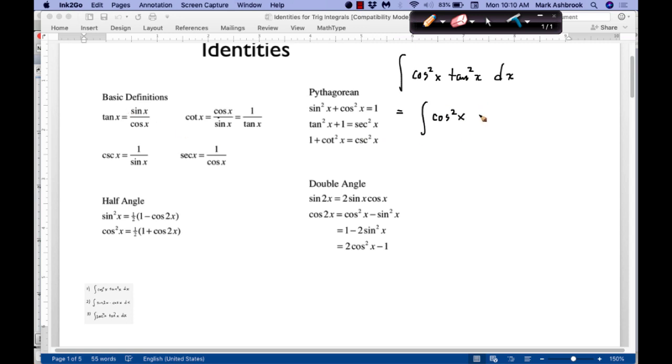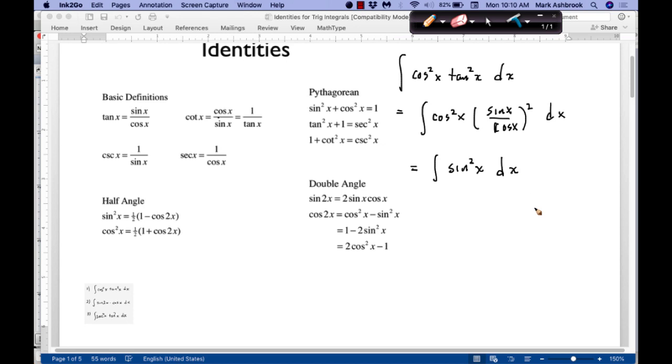Do sine x over cosine x, squared. And did that help? Because they go away, right? So we got cosine squared x in the numerator and denominator, it goes away, leaves us sine squared x.